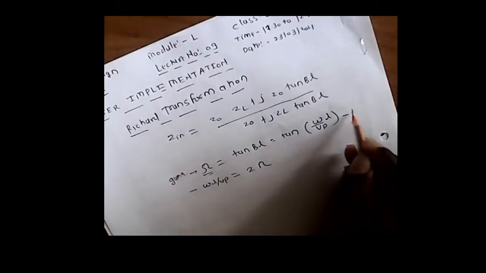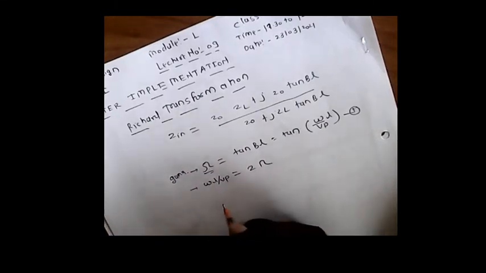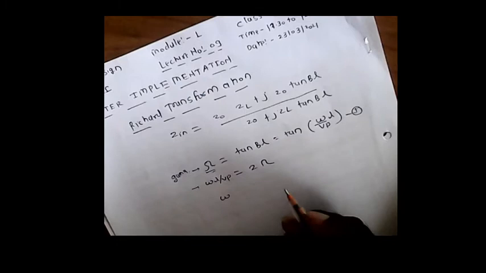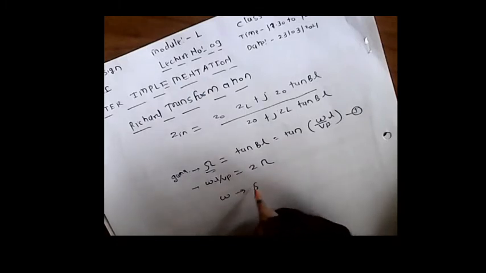This is equation number 1. So we can replace an LC network by short circuit and open circuit transmission line stubs. We replace the frequency variable ω with Γ.